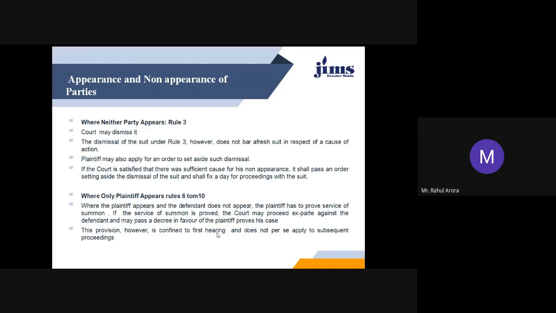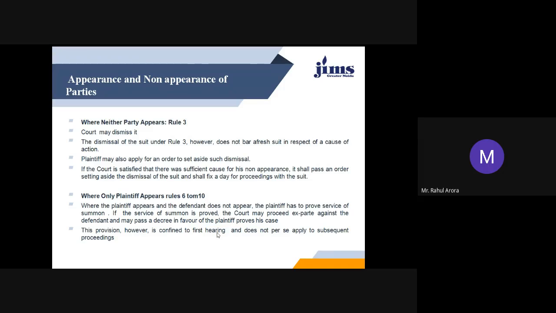First remedy is to file a fresh suit on the same cause of action, and second remedy is to file an application before the same court where the suit was pending. And if sufficient cause is shown, then that court may set aside the order and fix the matter for proceedings with the suit.